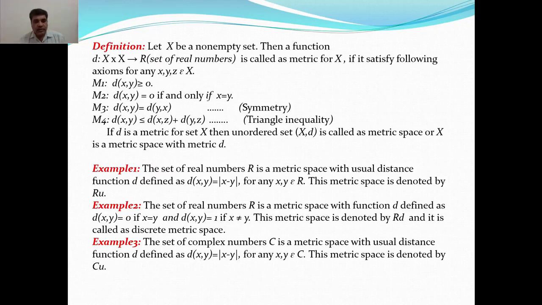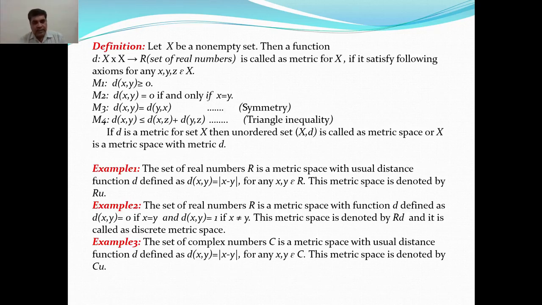These sets of real or complex numbers with the usual distance functions are metric spaces, which are called usual metric spaces, and they are denoted by R suffix u and C suffix u.